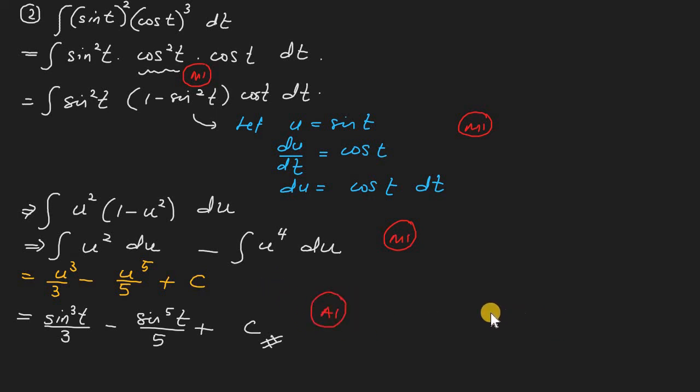So this question can carry 5 marks or 4 marks. Here I give 5 marks. And your last answer should be in terms of sine t. Alright? Okay, get that?